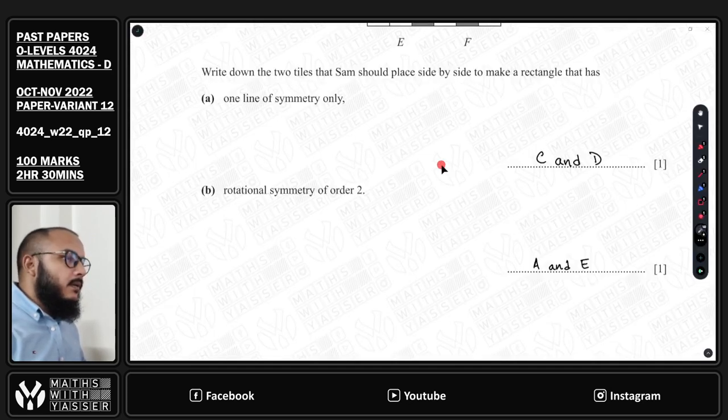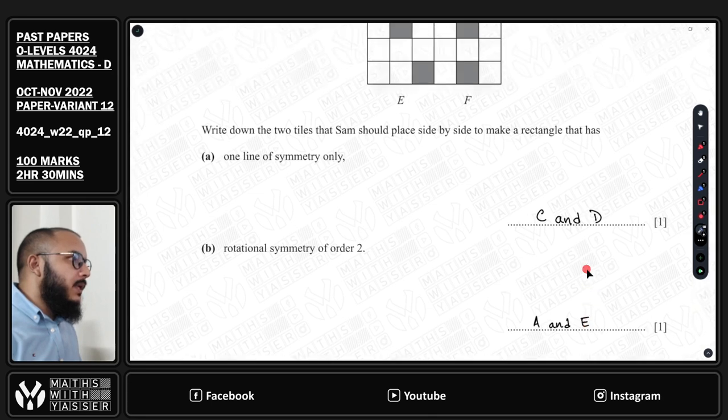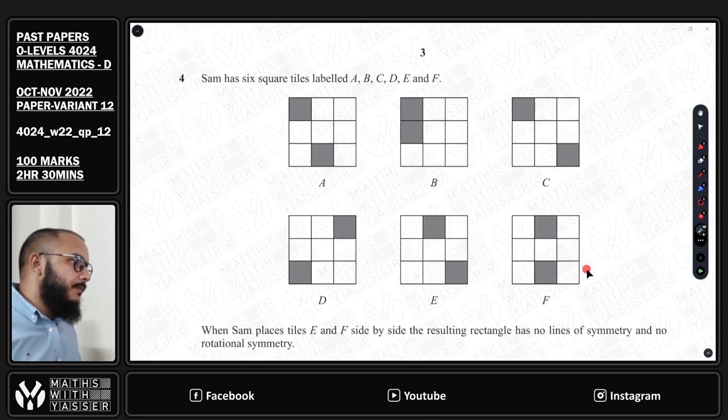Next, they are asking for rotational symmetry of order 2. Again, we need to place two tiles next to each other so that they will end up having a rotational symmetry of order 2. And the appropriate answer should be the tile A and the tile E. Now let me show you how.